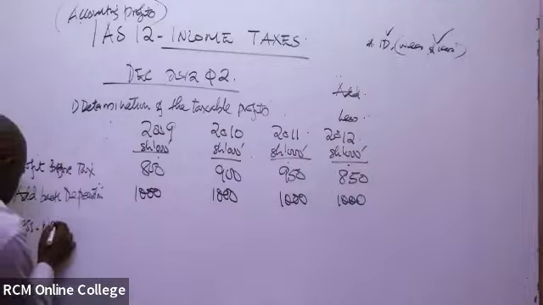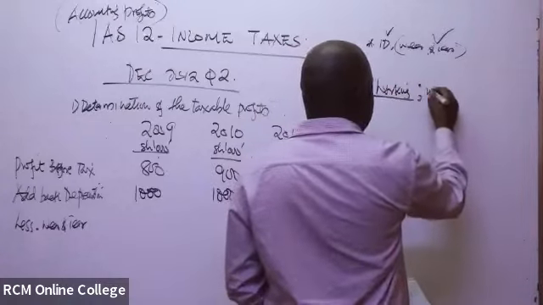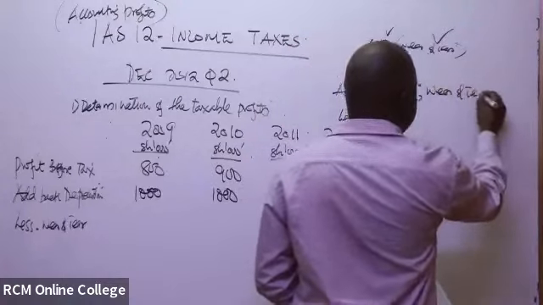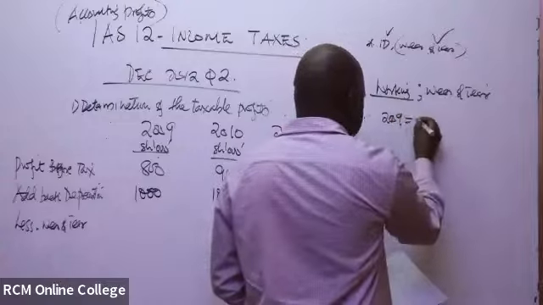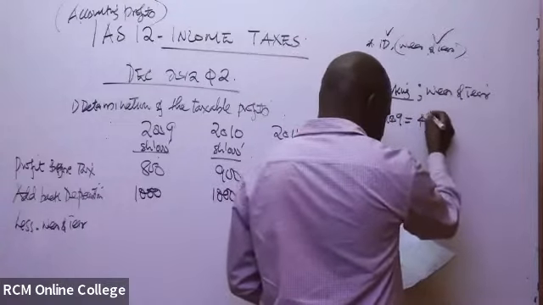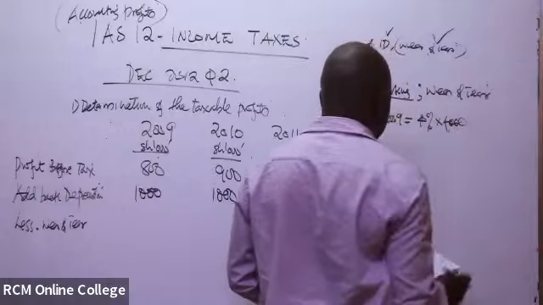We've been told the allowable wear and tear charges in our table. So we can have a working here for wear and tear. For the year 2009, it will be 40% of the cost of the asset.